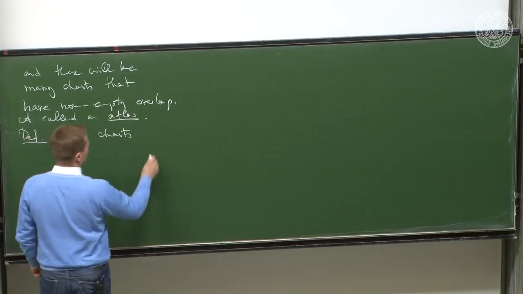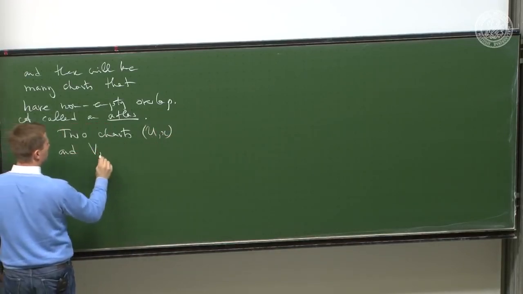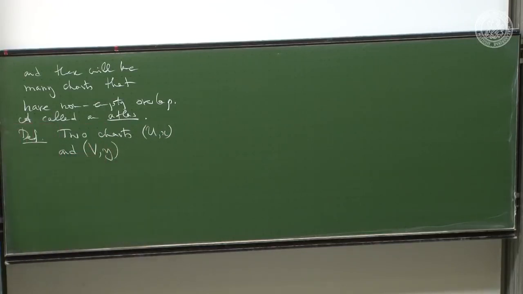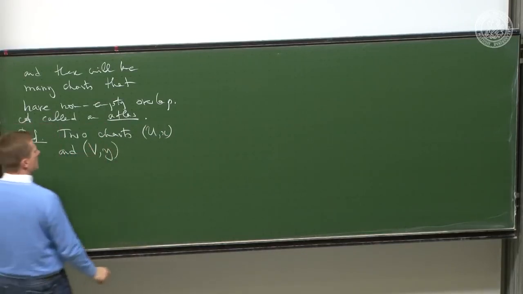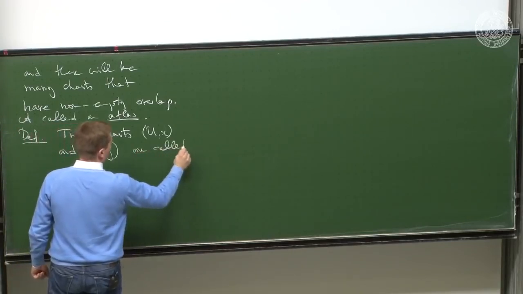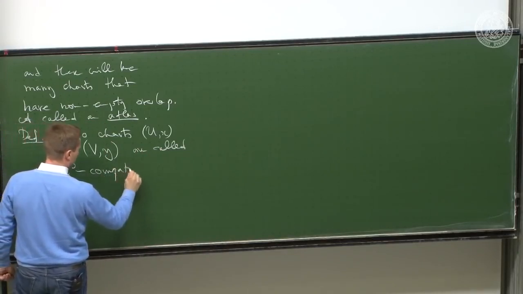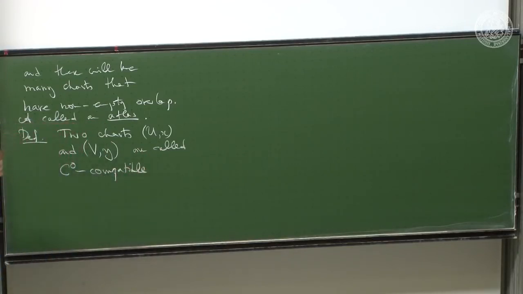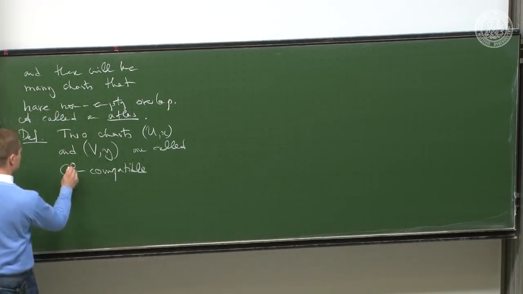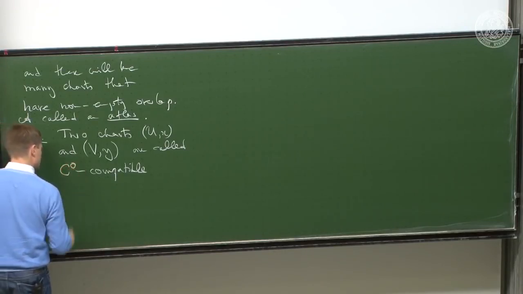Now, you have two charts, (U, X) and (V, Y), let's call them like this, are called C0 compatible. And this C0 later on will be changed into C1, C2, Ck, C infinity, C omega, all possible kinds of other C's.